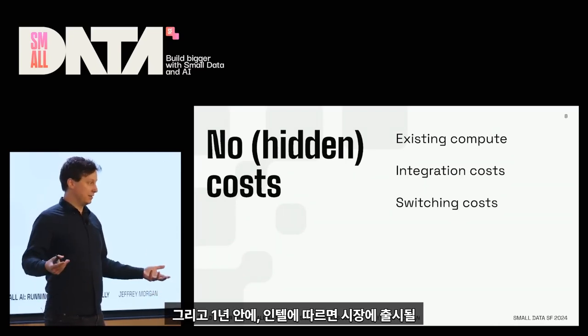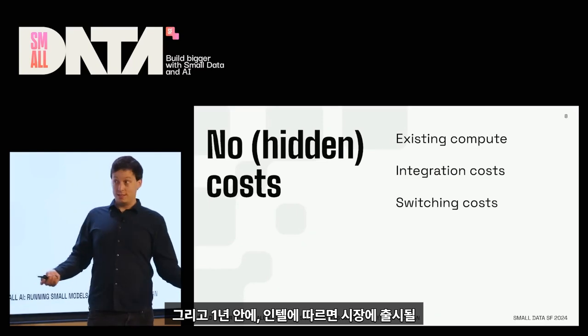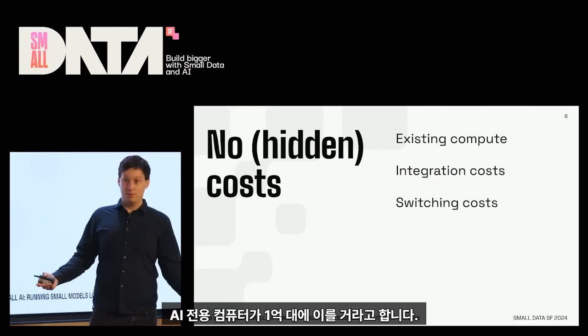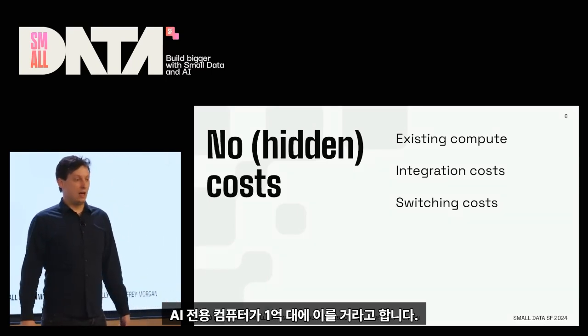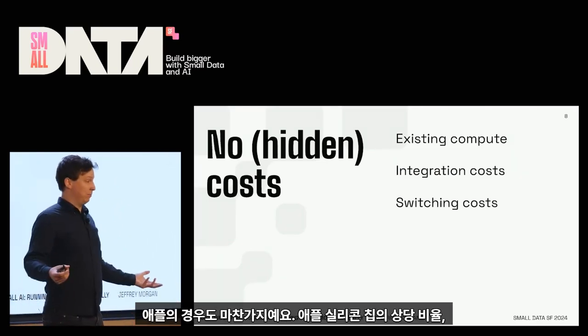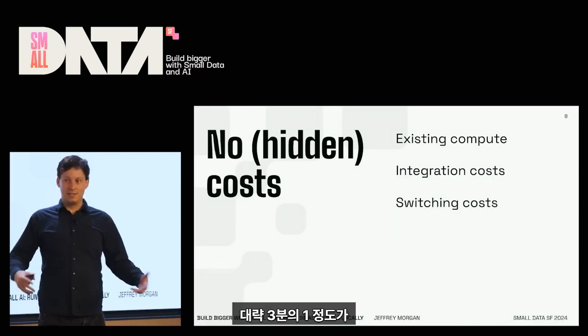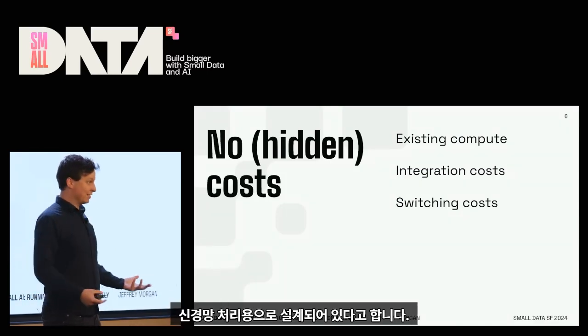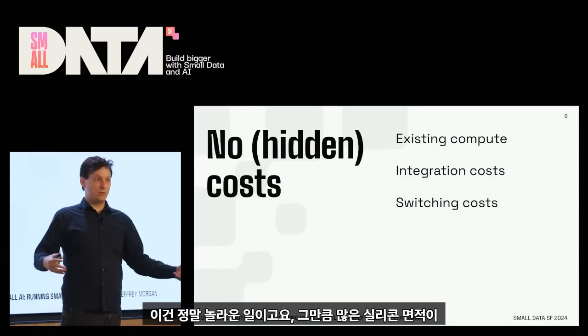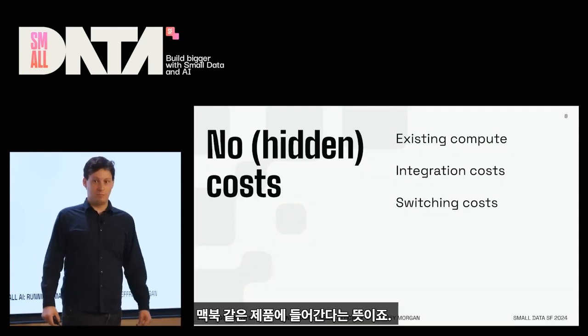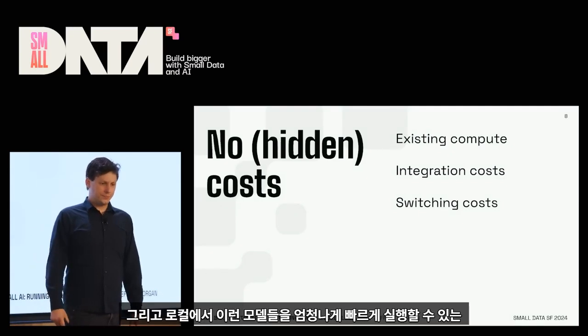And within a year, Intel supposedly says we're going to have 100 million AI computers out there on the market. Apple, a huge percentage of Apple's silicon, something like a third, is dedicated to neural processing, which is incredible. It's a huge chunk of the silicon that they produce in every MacBook.